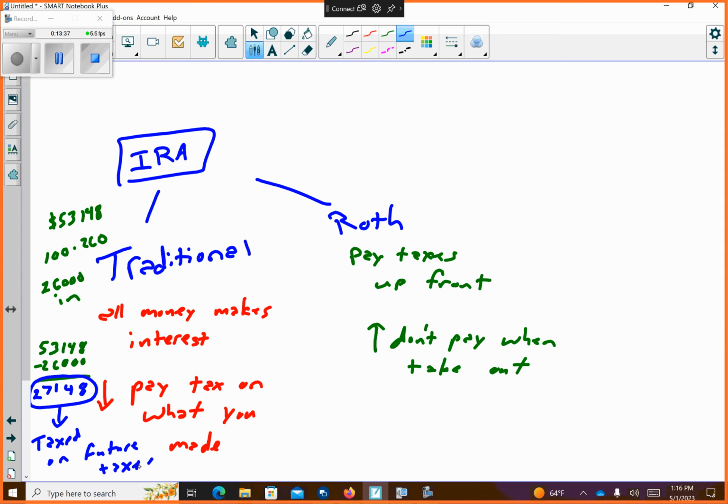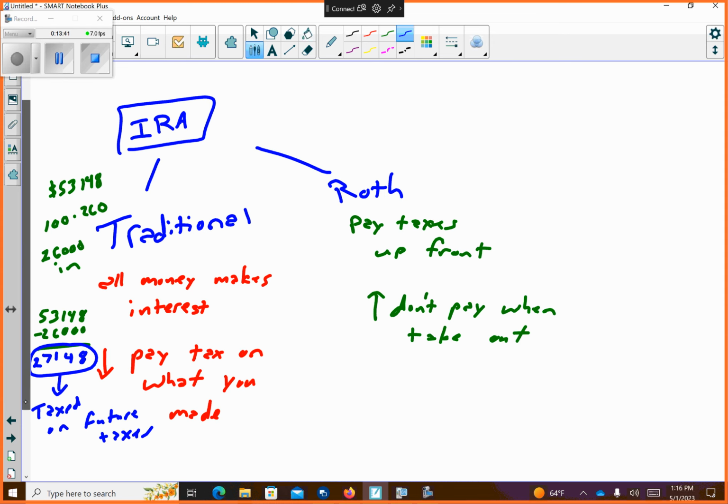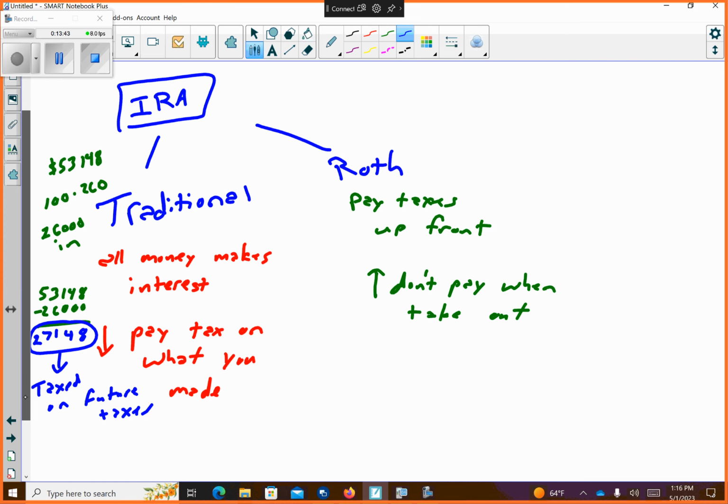All right. So basically on this one IRA that we just did, you're going to have to pay taxes on $27,148. What are the future tax values going to be? I don't know. Okay?